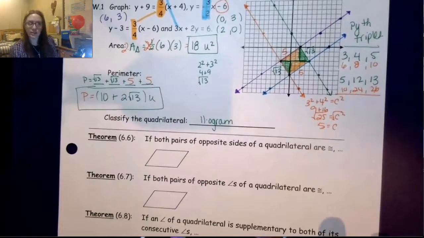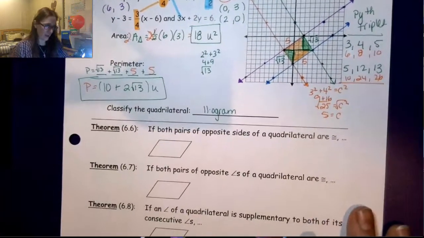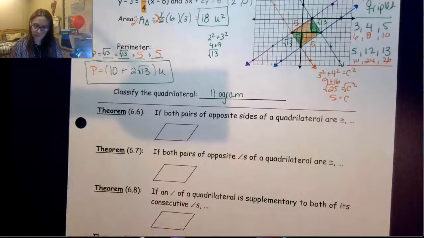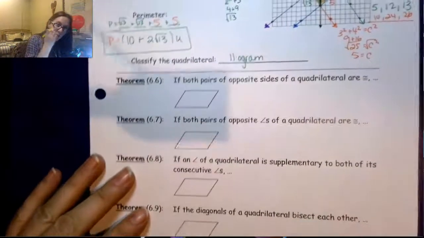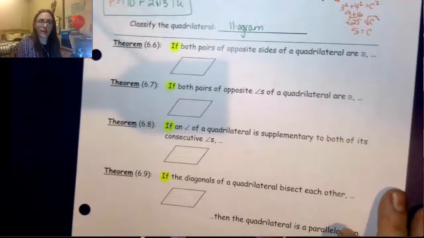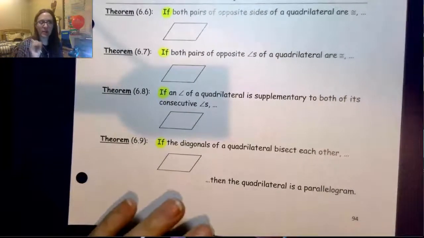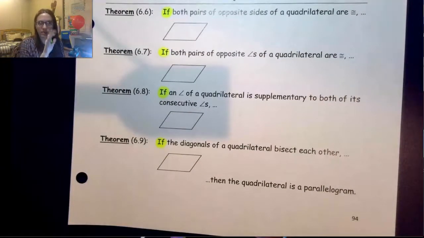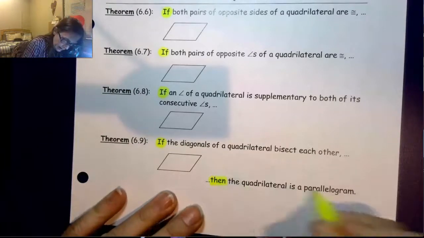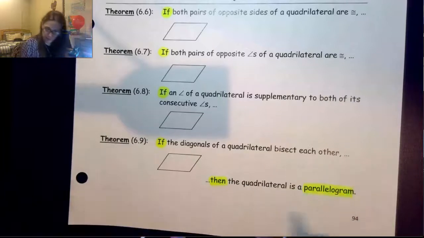Okay, now getting into the notes: proving quadrilaterals are parallelograms. All of our statements over here are going to start with if. They are conditionals. If this is true, if this is true, they are all conditionals that have the same conclusion. If this, then I know the quadrilateral is a parallelogram.